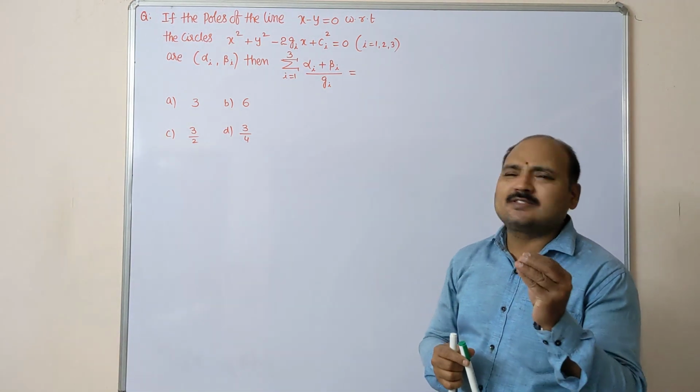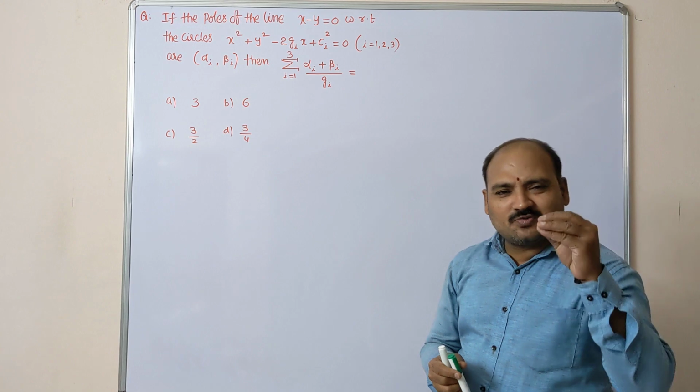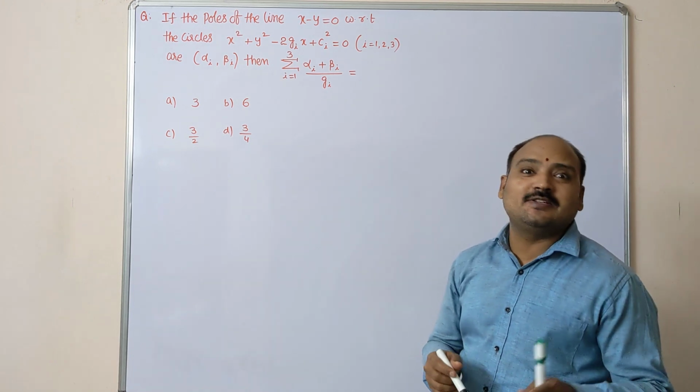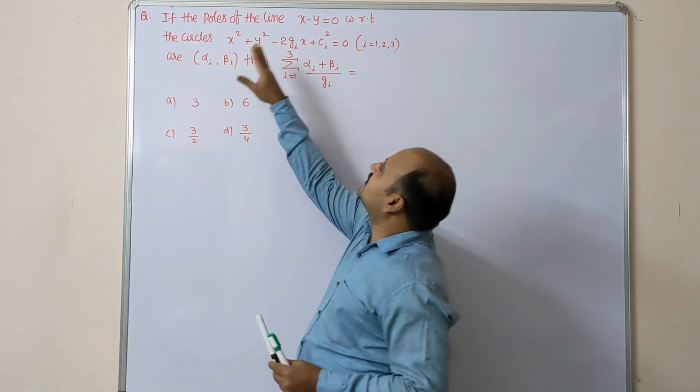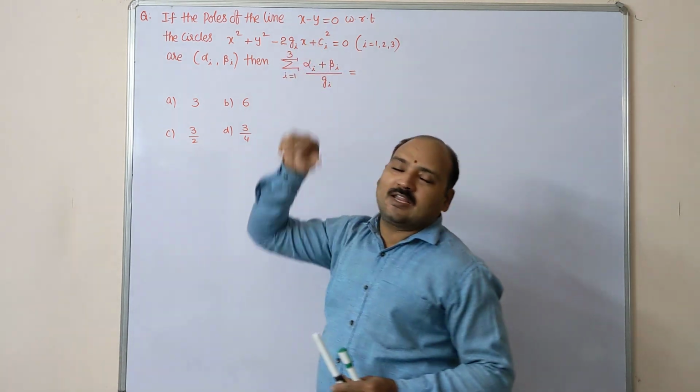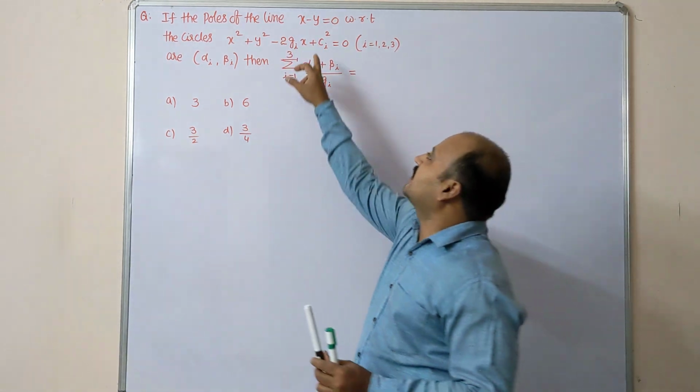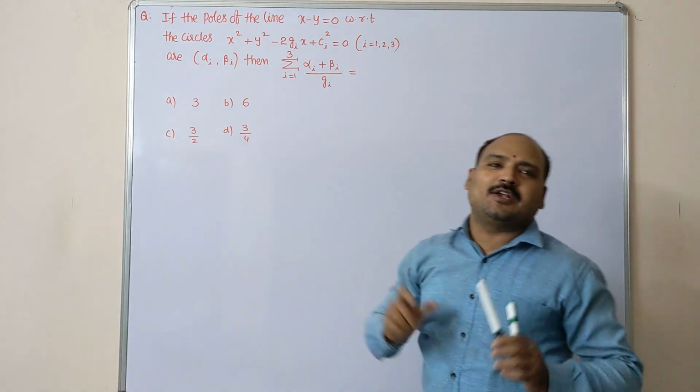By seeing, it is a special question, but it is a very simple question given in a different way. Poles of the line with respect to these circles. So you have to calculate the polar equation of this circle at this point.